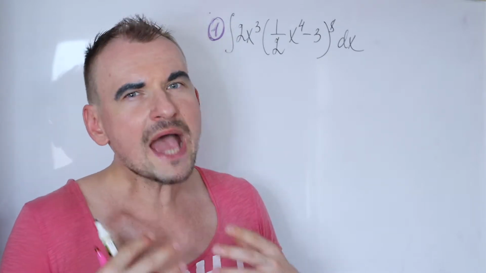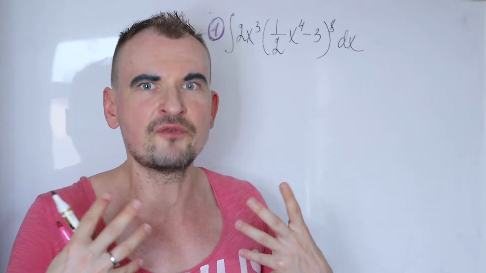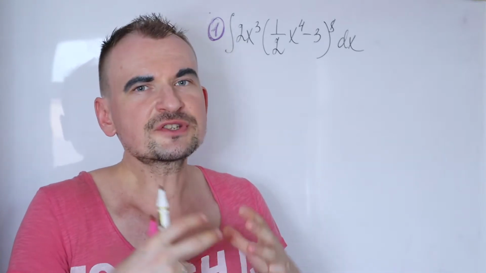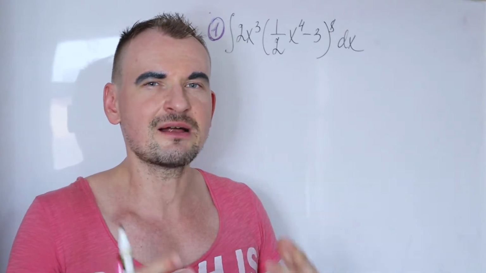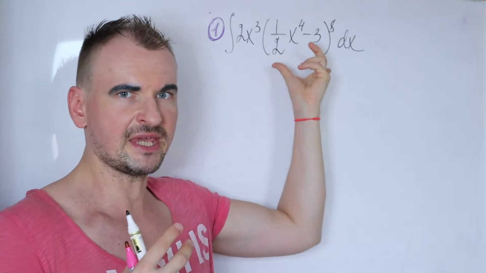Well, why do we need to use this new variable u? Because we want to make our integral easier than it was at the beginning.